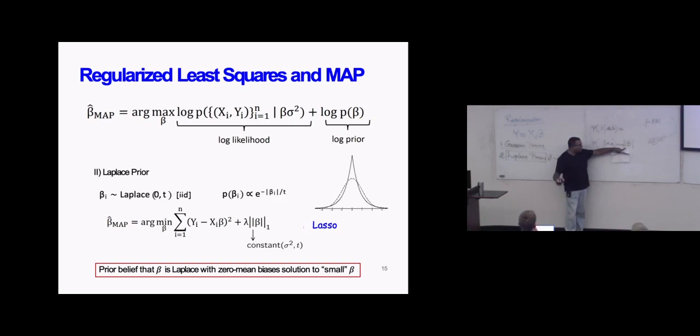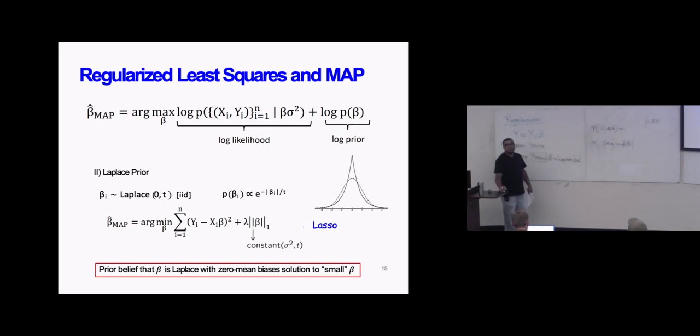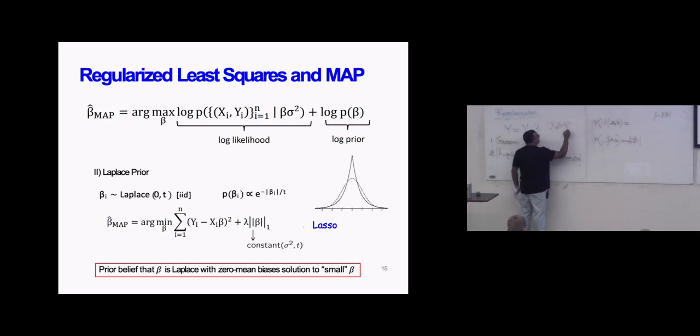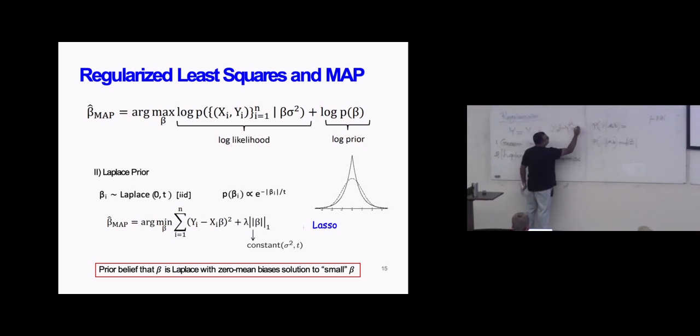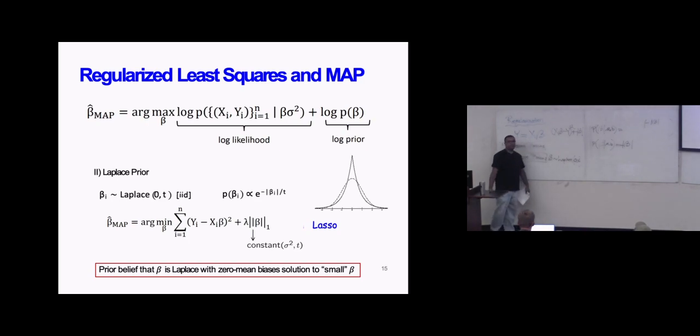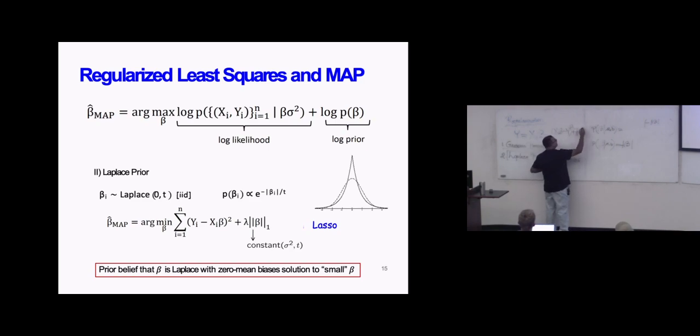But the whole point is, if you apply this constraint that your solution follows this Laplace distribution, it essentially boils down to minimizing the least square x beta minus y whole square plus the L1 norm with Laplace. With Gaussian, it becomes the L2 norm squared.